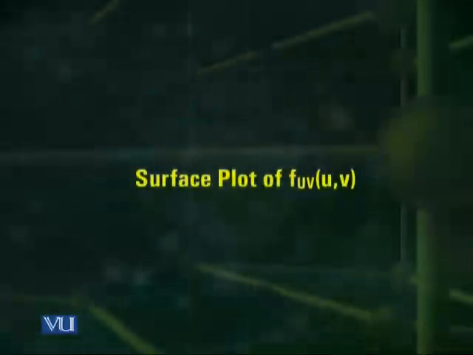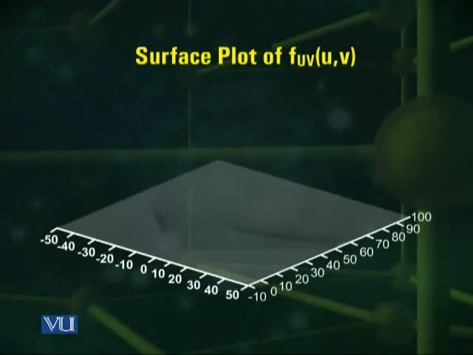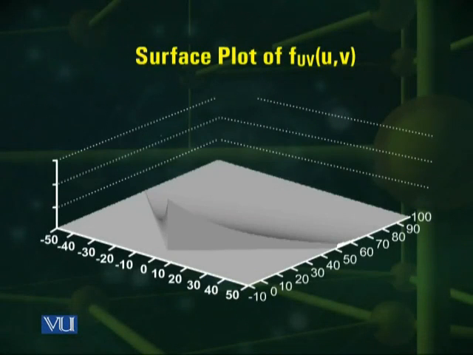I have found that and I have sketched that, and it's again a surface plot, and you can see that on your screen. The joint PDF of U and V is shaped like the joint PDF of X and Y, but there is one difference. The region over which this PDF is defined is again that wedge-shaped region starting from the 45 degree and ending at the 135 degree slope line.